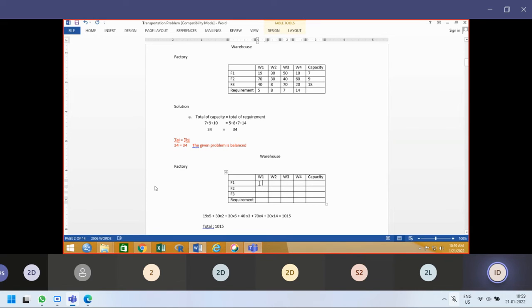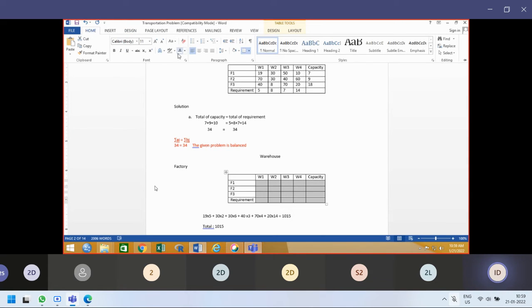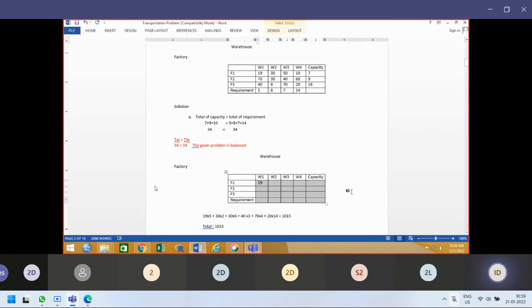Again here, the text color we have to change. Okay, right, 19.